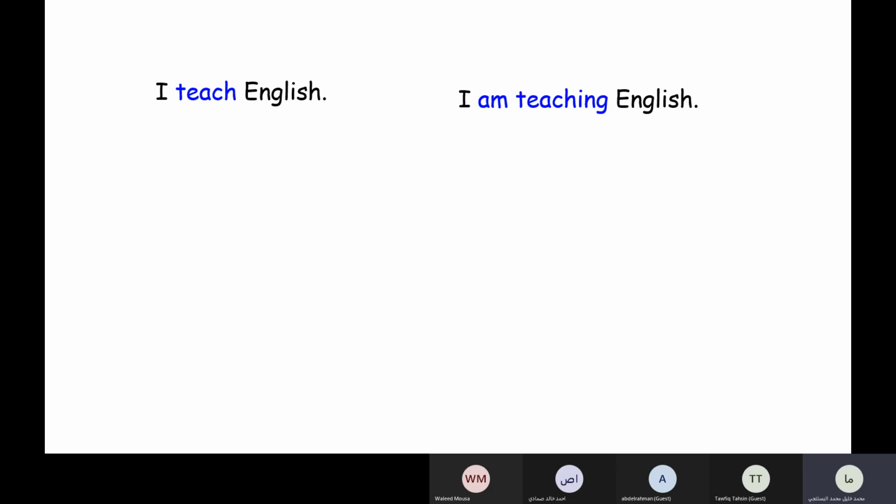Another example. Ali eats, for example, in a restaurant. But today he is eating what? At home. Ali eats in a restaurant, but today, just today, he is eating at home.